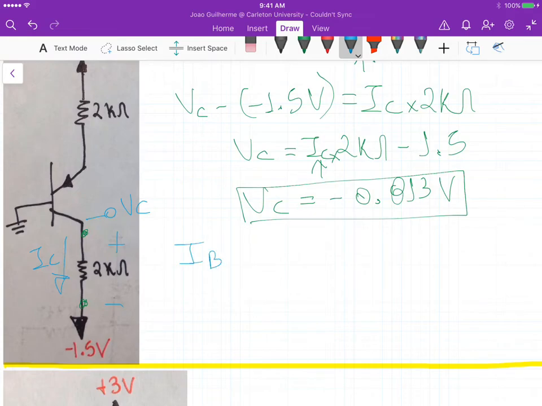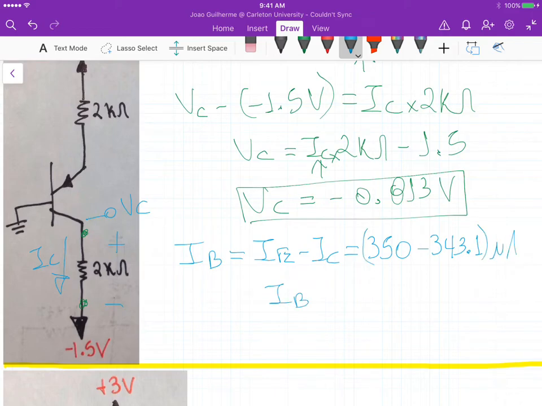The current here at the base is equal to the current at the emitter minus the current at the collector, which gives us 350 minus 343.1. And remember, this entire stuff here is microamps. So IB is equal to 6.9 microamps.